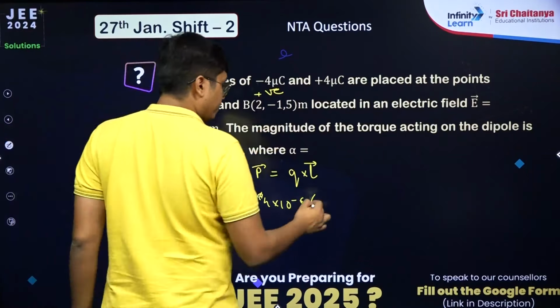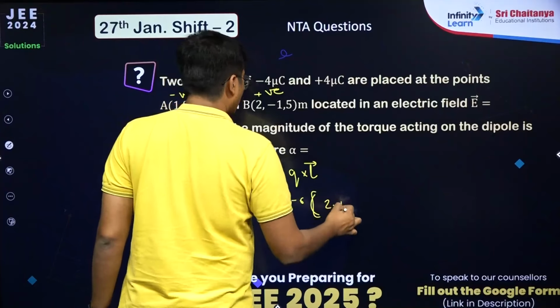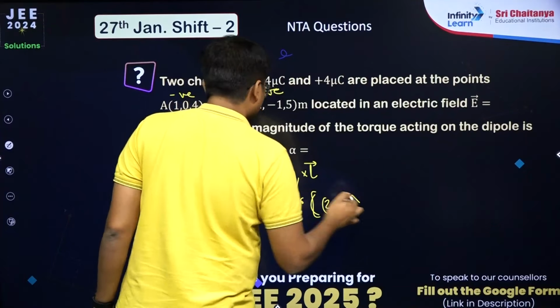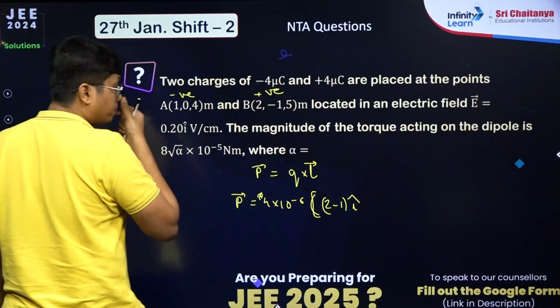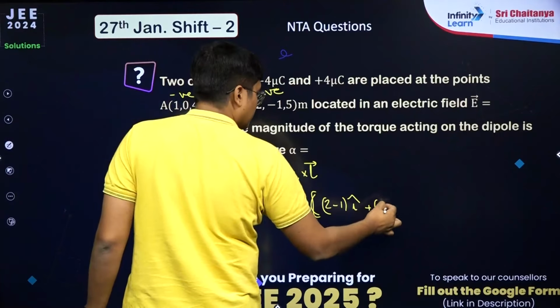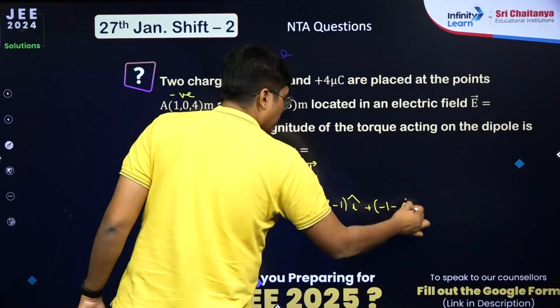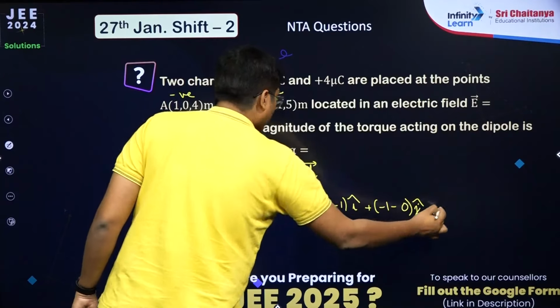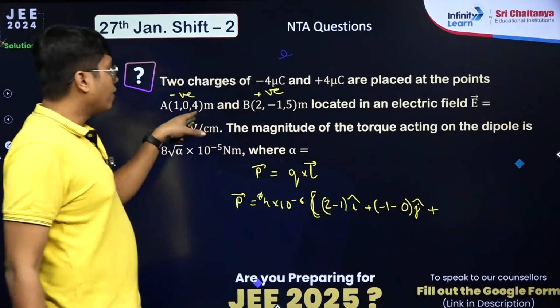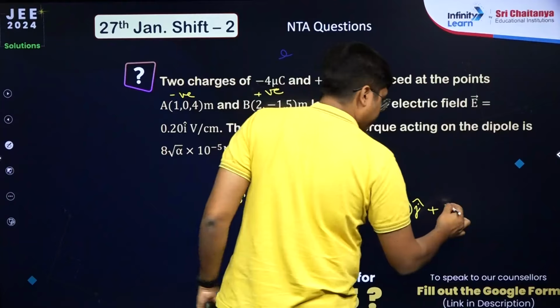So we will get 2 minus 1 i cap, the i cap vector subtracted, plus minus 1 minus 0 j cap, plus 5 minus 4 k cap.